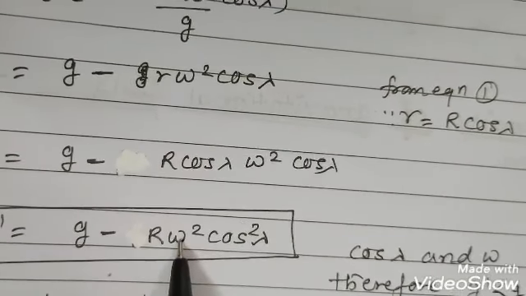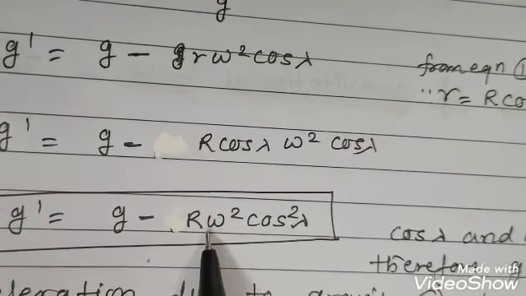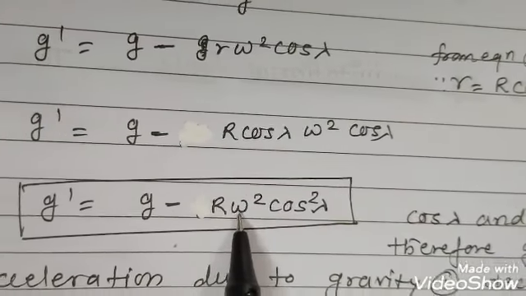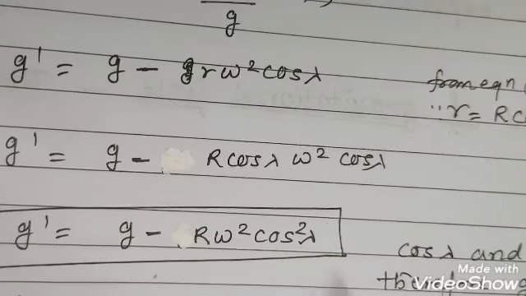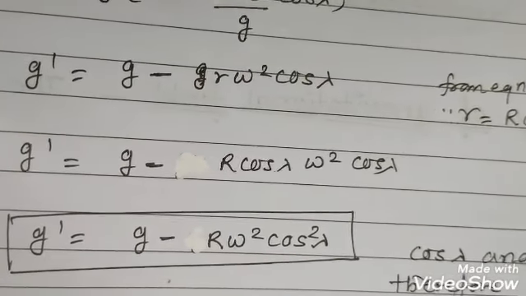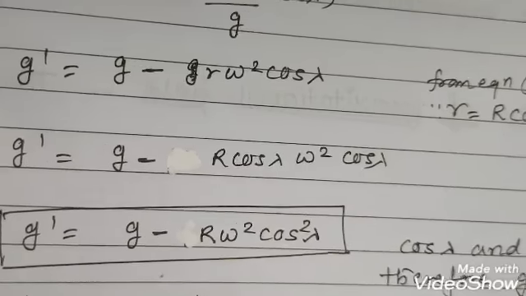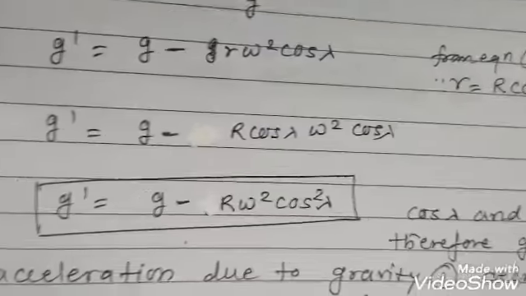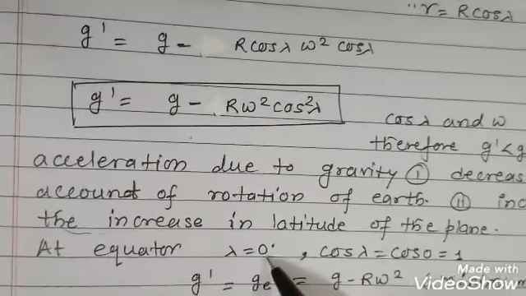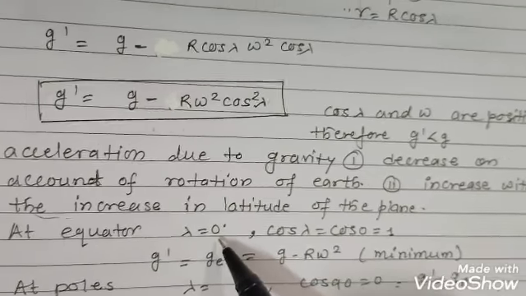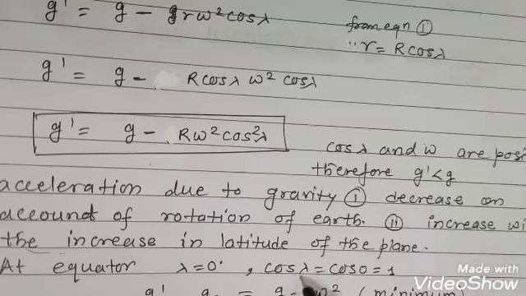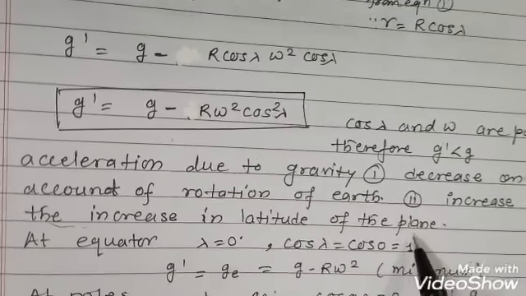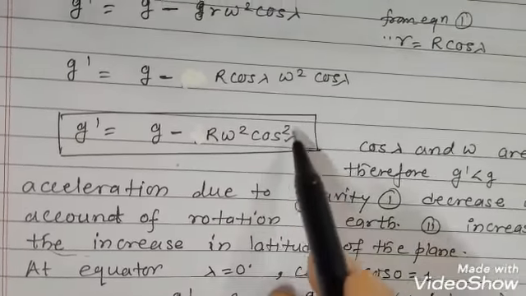When the rotation or the speed is high, in such a situation the acceleration due to gravity will reduce here, and it can increase with the increase in latitude of place. How is it? For example, at the equator lambda equal to 0, and cos 0 is equal to 1, and it is the maximum value of cos.